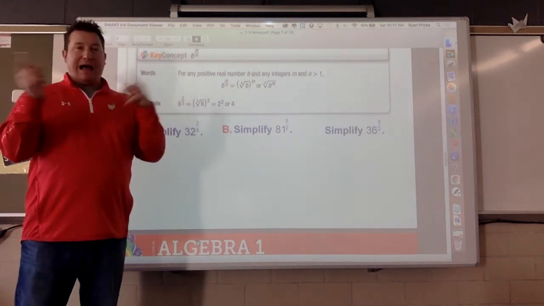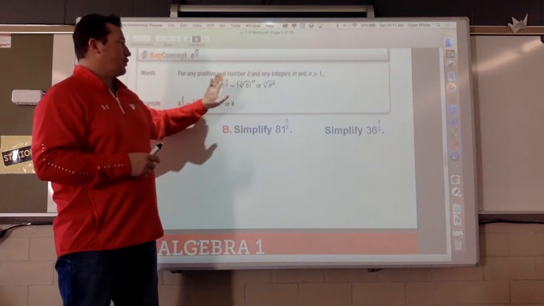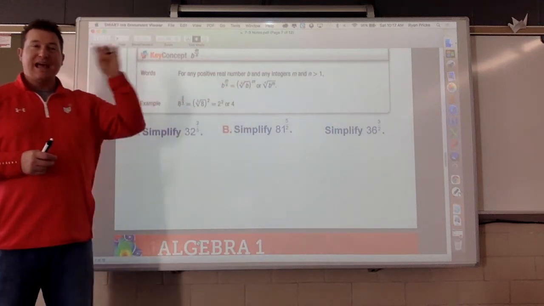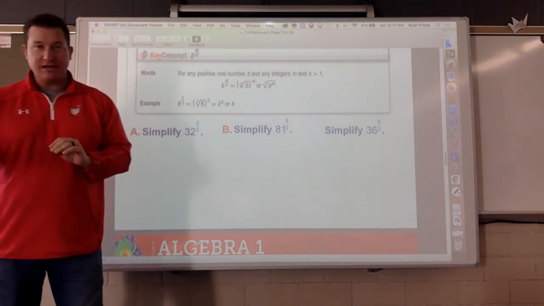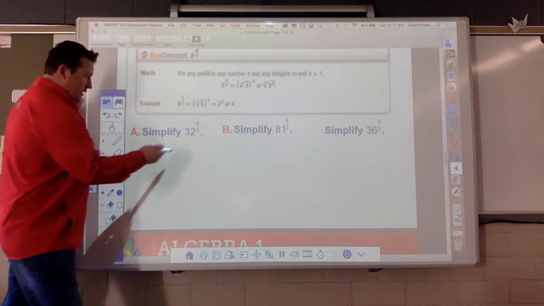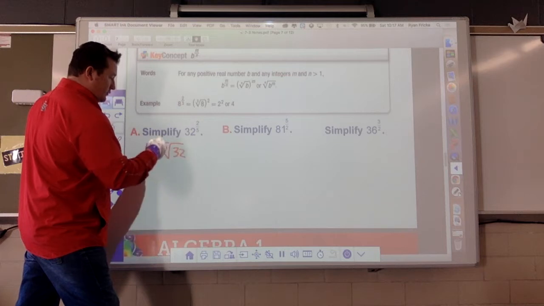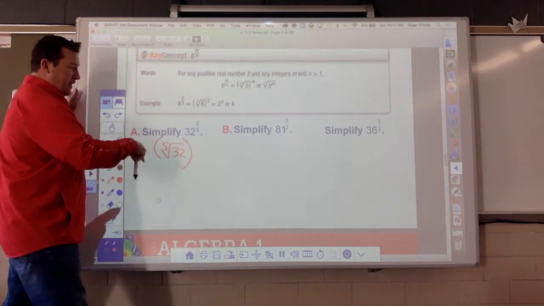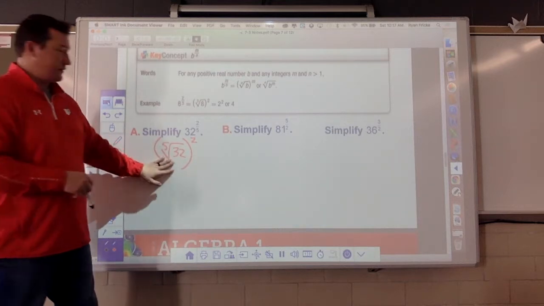We need to be able to go back and forth, though. We need to be able to write this in radical form or in exponential form. Exponential form, crew, has an exponent. Radical form has a radical. So I'll write these here. This would be the 5th root of 32. We'd come up with that number, and then we're going to take that and square it.